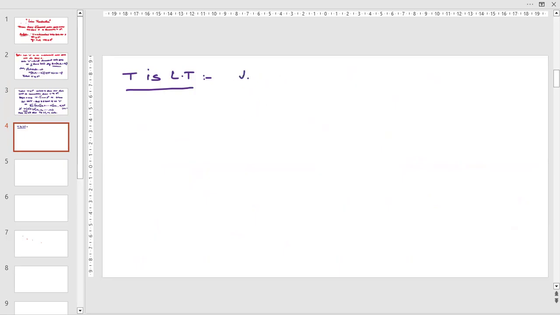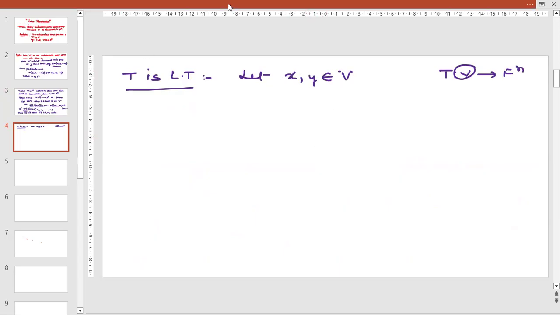Let x and y belong to V, because T is a map from V to Fn.